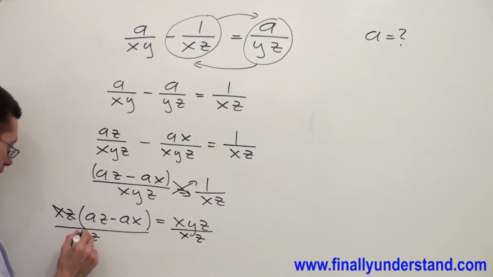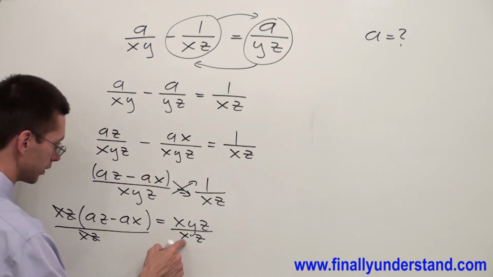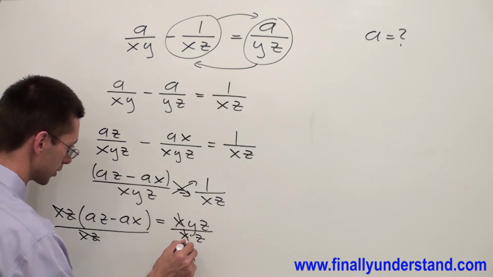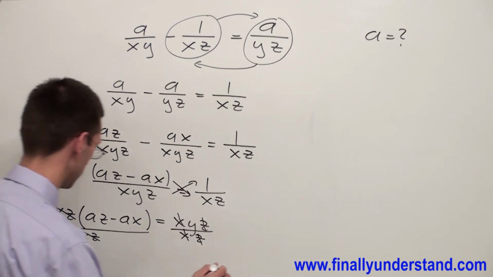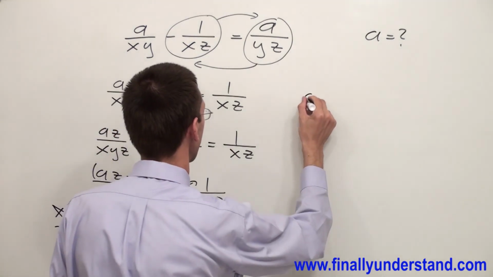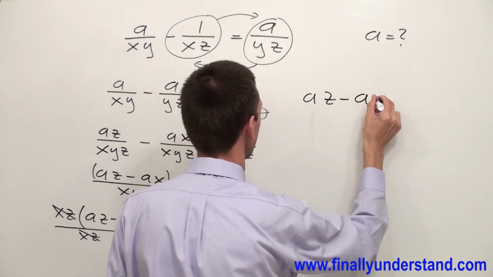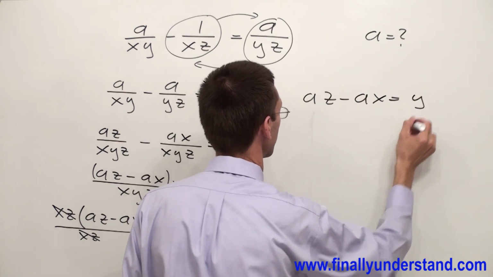So xz and xz will cancel out, and I can also reduce this fraction also. x and x will cancel out, and z will cancel out. So I'm going to have az minus ax is equal to y.